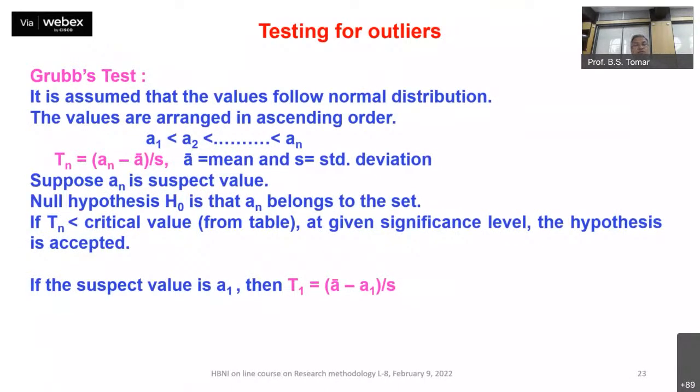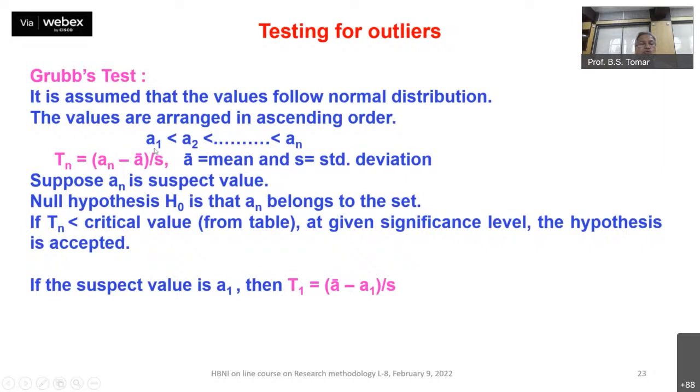Then another way of rejecting the outlier is Grubbs' test. And it is actually like the t-test. Here you assume that the values follow a normal distribution, but one of them may be an outlier. So the values are again arranged in ascending order, like A1, A2, A3 to AN.